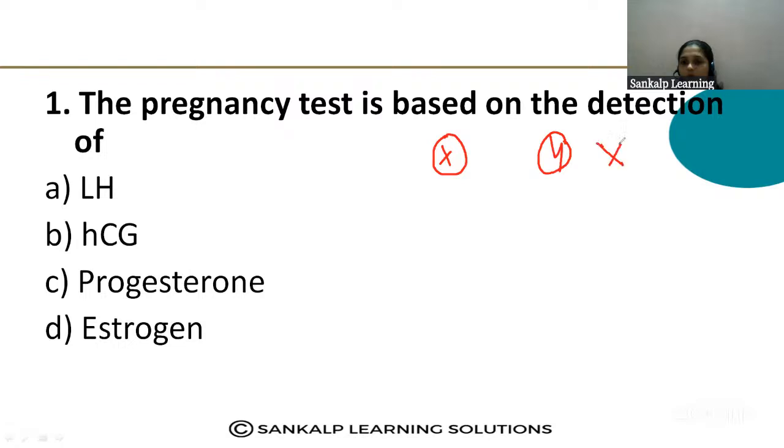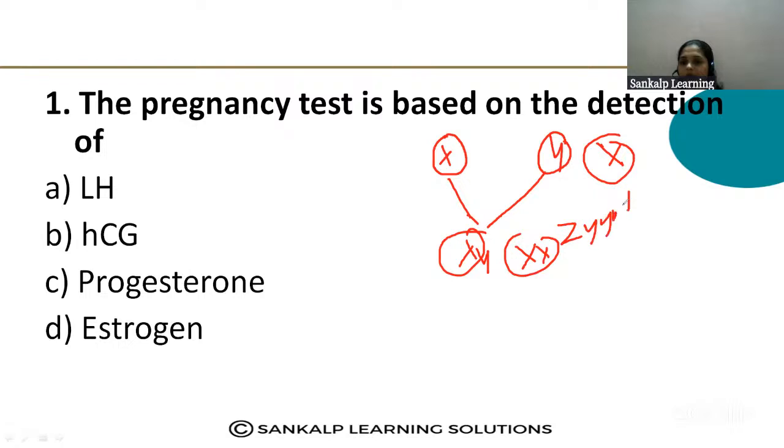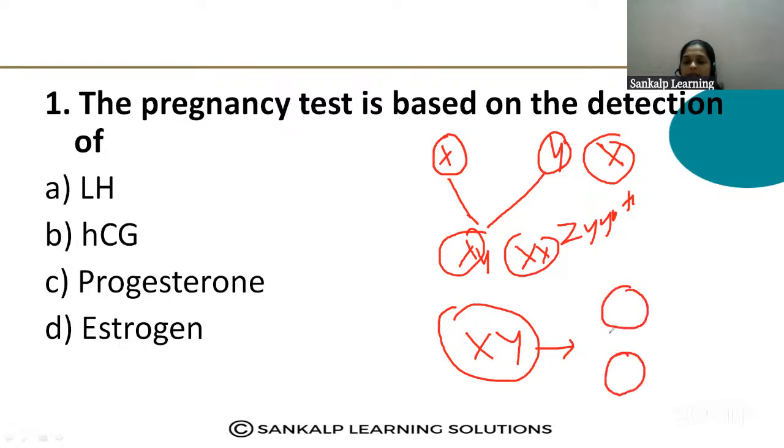When these fuse, it forms XX or XY, that is the zygote. After the formation of the zygote, just imagine this zygote has XY. This zygote will again divide into two, like XY and XY.